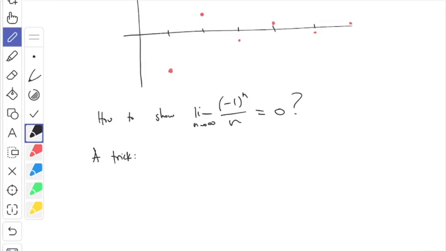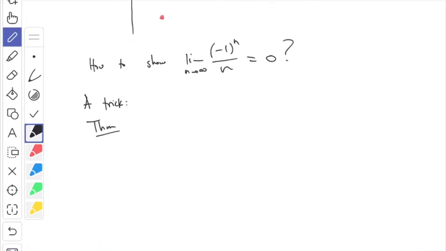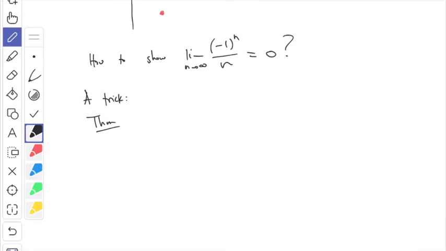But here's the trick. This is a theorem in the book. Maybe I'll write it as a theorem, but we're not going to talk about doing a proof of this. It's kind of obvious. The theorem says that the limit as n goes to infinity of a_n equals 0 if and only if the limit as n goes to infinity of the absolute value of a_n equals 0.